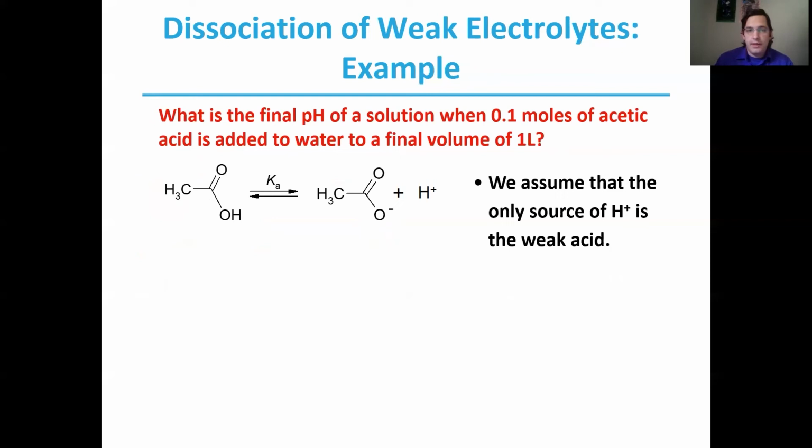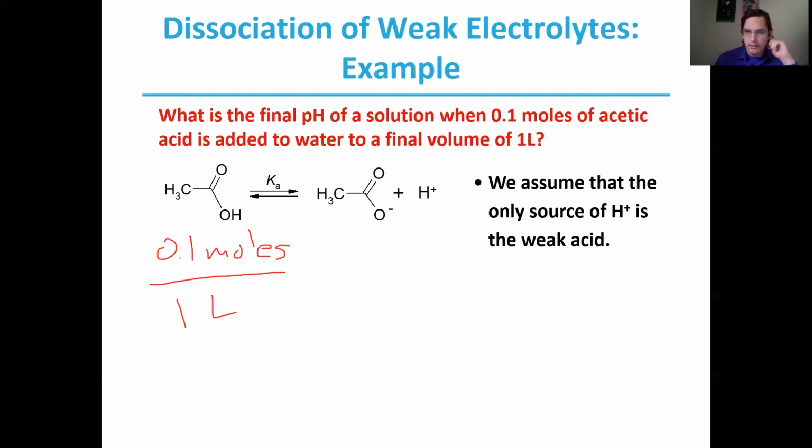Now, the value of that Ka tells us how much our acid is actually going to react and then change our pH. So in this case, we're adding 0.1 moles of acetic acid into 1 liter of water. So that's going to be a concentration of 0.1 over 1 liter.